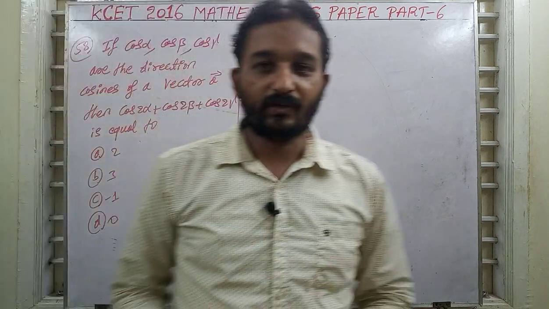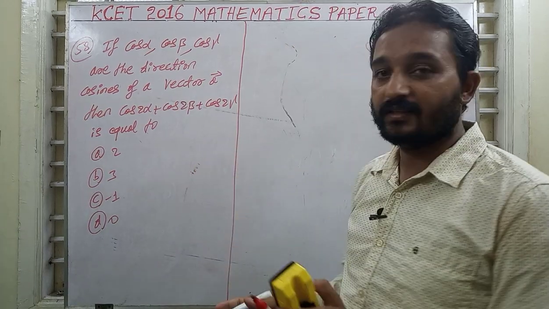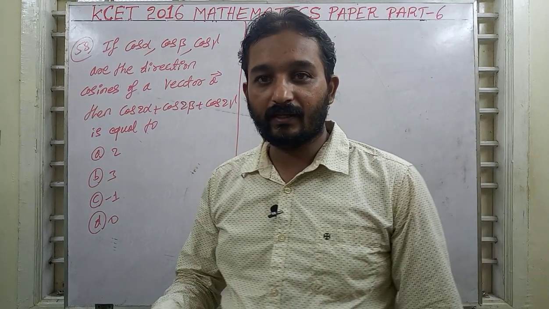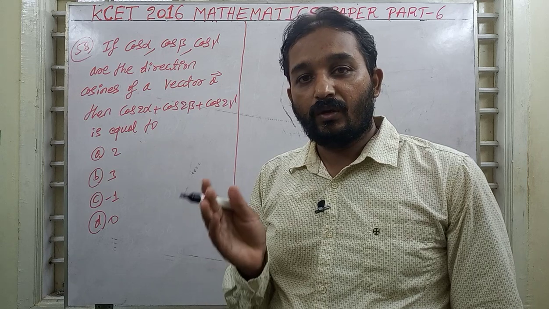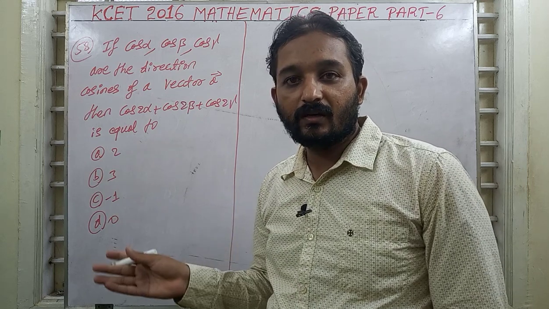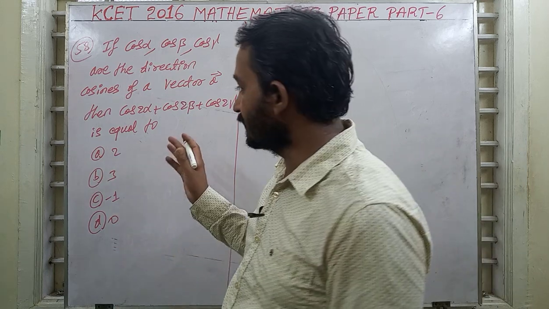So now let us move on to the next question, question number 58. This question is based on the chapter vectors. Usually they ask 4 to 5 questions on this chapter in KCET. Let us take the first question.